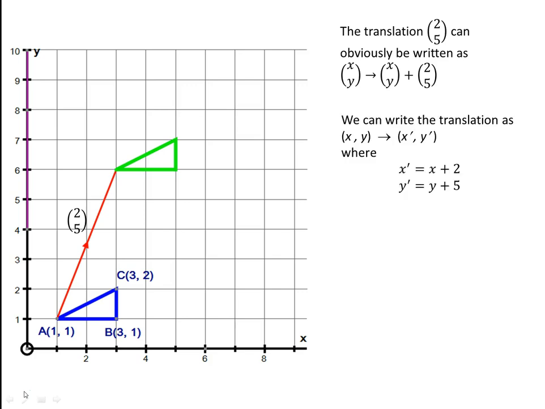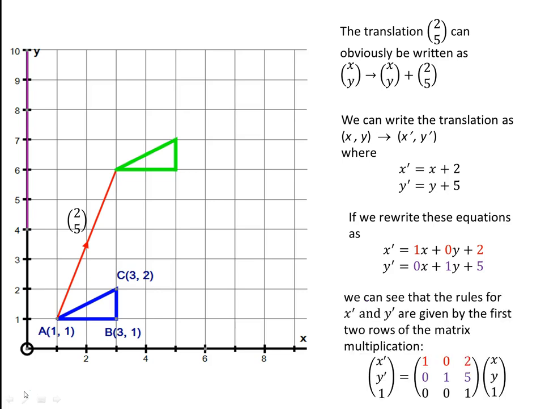In other words, the point (x, y) goes to the point (x', y'), where x' is x plus 2 and y' is y plus 5. Now, we could say that x' is 1x plus 0y plus 2, and that y' is 0x plus 1y plus 5.